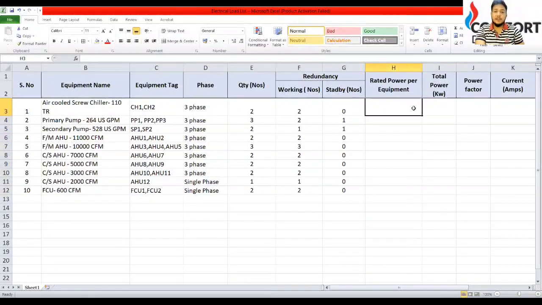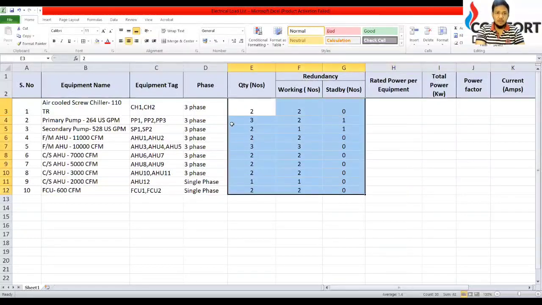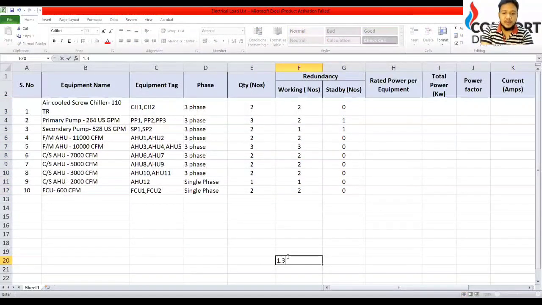Now rated power. This power is given by the manufacturer. For example, I'm just writing it on my own as per experience. The power consumed by one chiller is around 1.3 kilowatt per ton. That is the maximum I'm taking, 1.3 multiplied by 110, so 143.